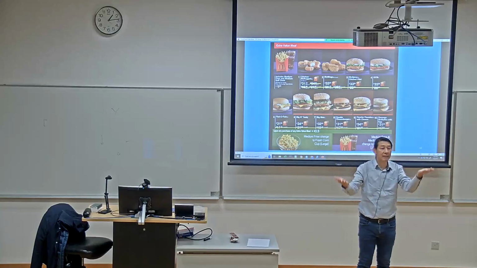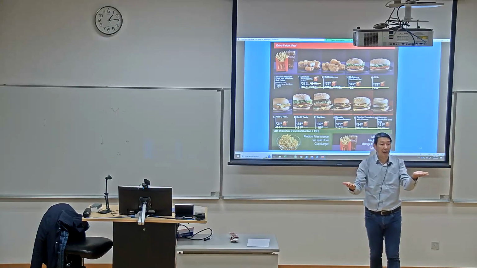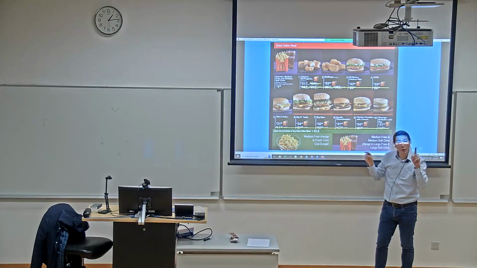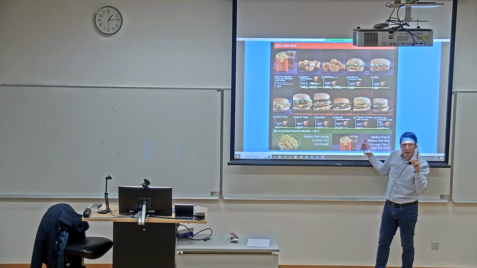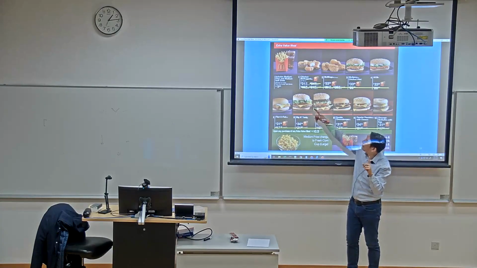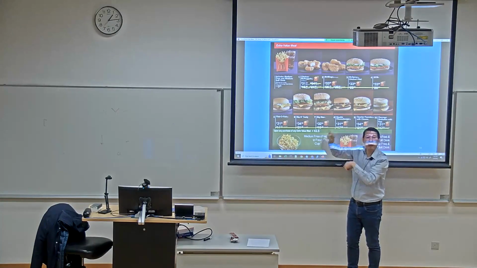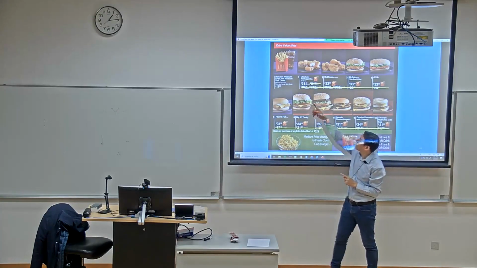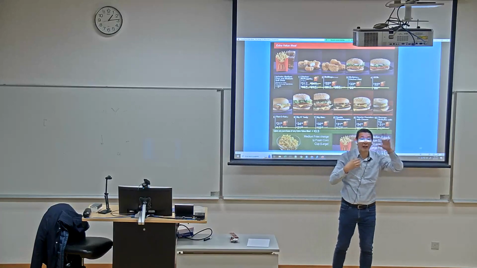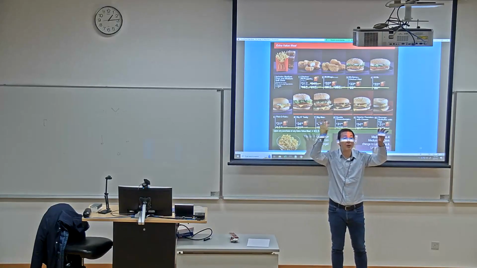There's something not clear. Number one, which one should go first? Number two, if this one goes first, there may be a problem. But how about the other way around? Should we allow the user to actually change to large first? So I have large fries, large drinks.